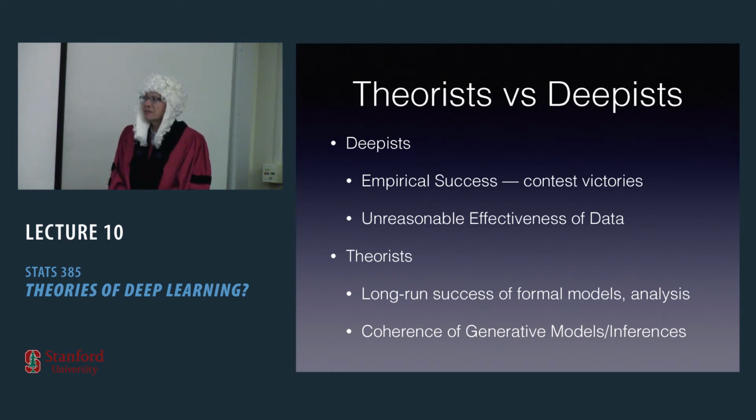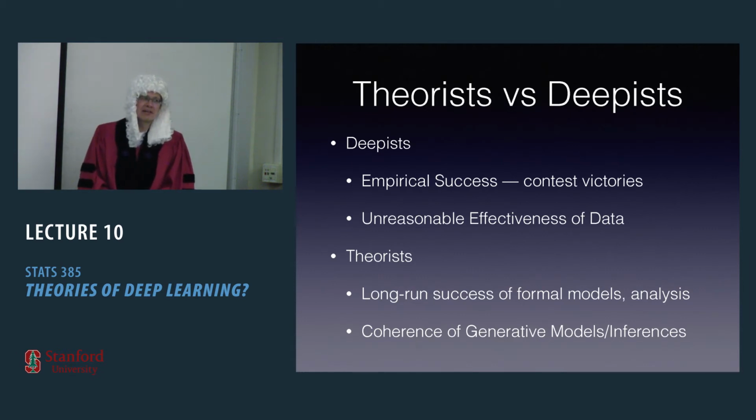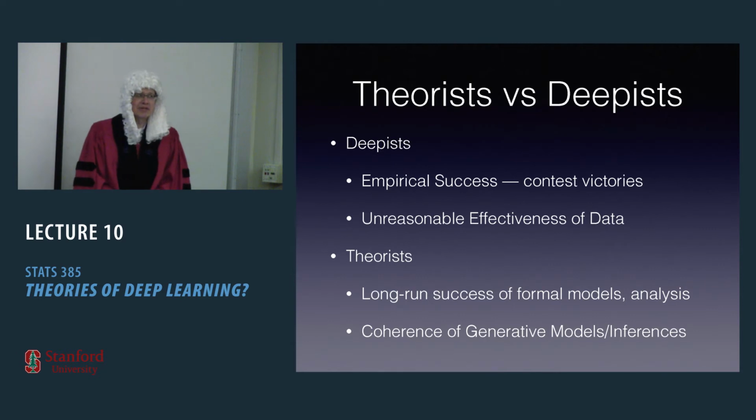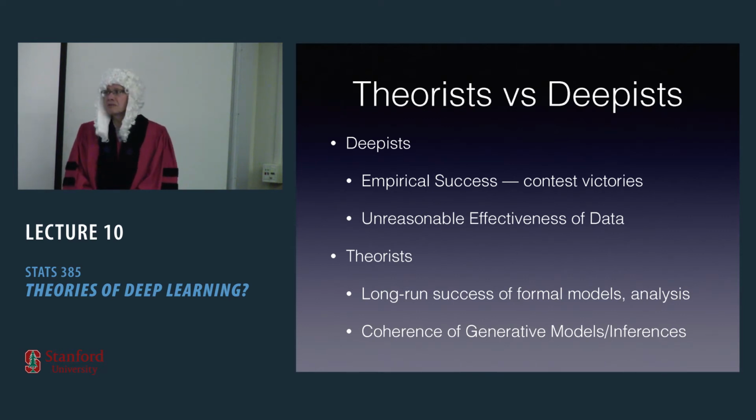On the other hand, theorists have behind them centuries of success in using formal models to understand very complicated systems, and in using the coherence of generative models combined with the inferences that they generate to have a very clear understanding of how to use data and learn from it.